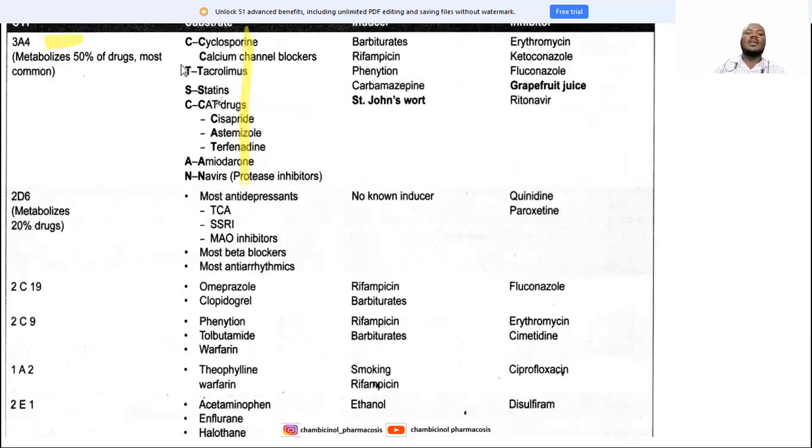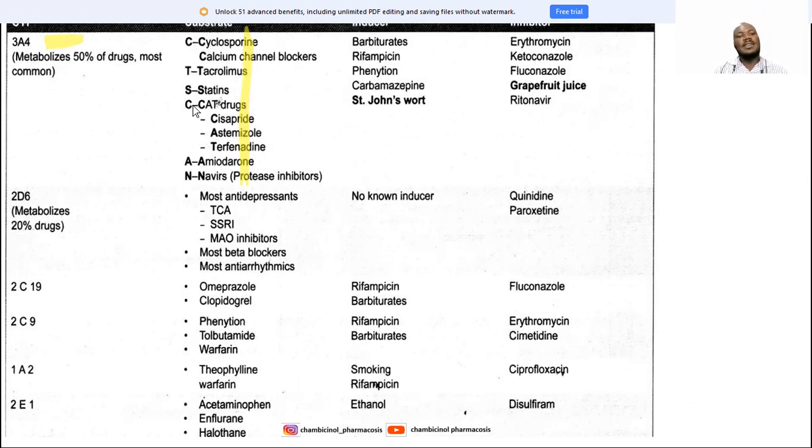Here, what is shown is all about the substances which can be metabolized by a particular cytochrome enzyme. For example, here it is the CYP3A4 enzyme, which metabolizes about 55% of drugs. So here there is a special abbreviation you can use to memorize the substrates which are metabolized, called CT scan. In CT scan, C stands for cyclosporine and calcium channel blockers. T is for tacrolimus.